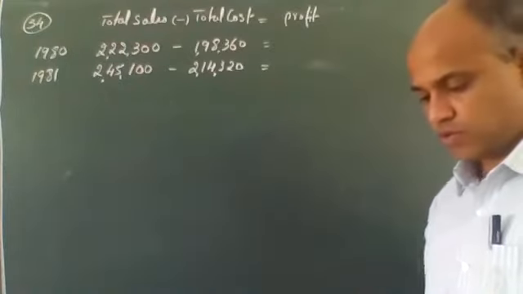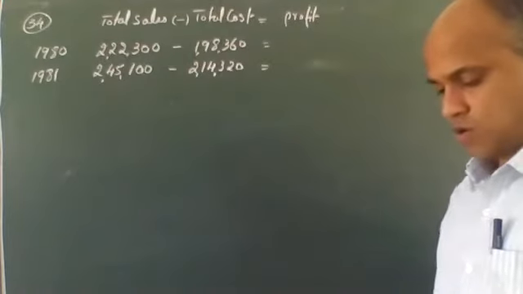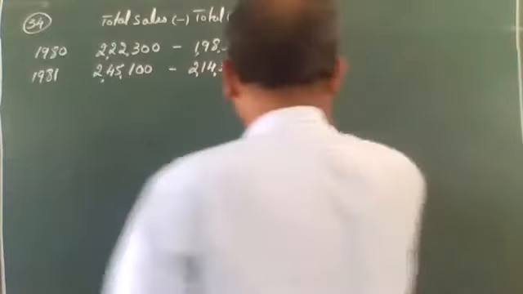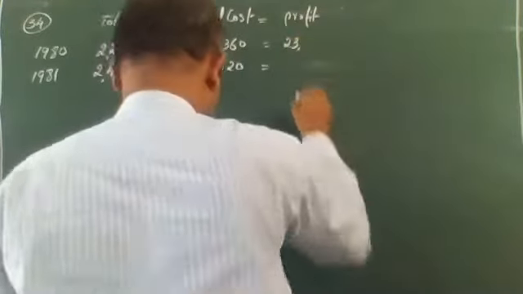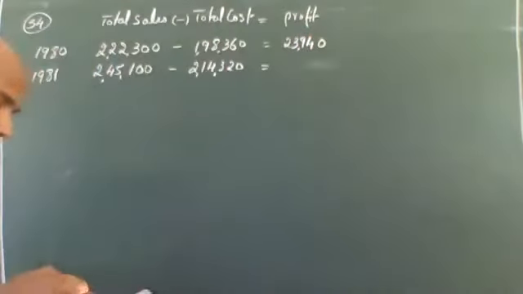Let me see if I can calculate this. It is 2,22,300 minus 1,98,360. That gives me 23,940 is the first figure. And in the second year, it is 2,45,100 minus 2,14,320.